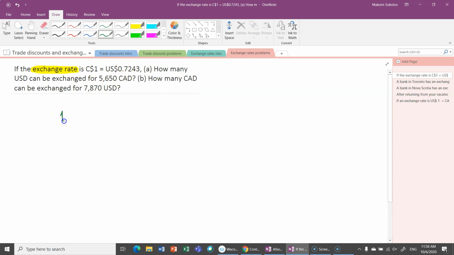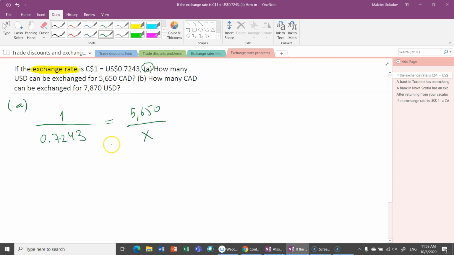So basically what this means is that 1 Canadian dollar to 0.7243 United States dollars is the same as 5,650 Canadian dollars to X US dollars, right? So we are now speaking about part A of the problem.